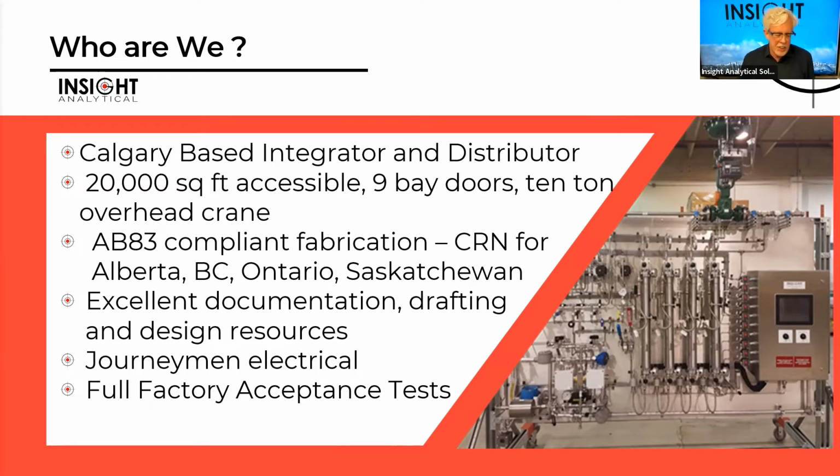So we've got good access for doing systems integration type work. For the Canadians here, Canada has a specific set of regulations around pressure equipment and pressure vessels and pressure containing devices. So we're an AB83 compliant fabricator, which means we can basically put a CRN number, a Canadian registration number, on the products that we build.